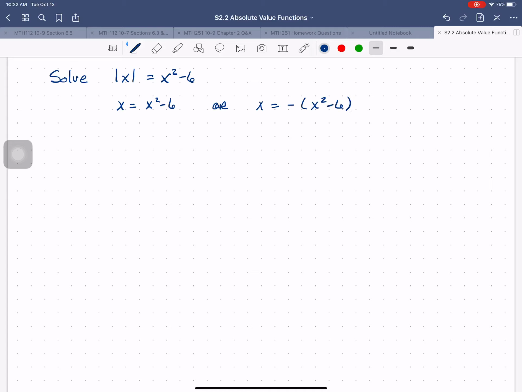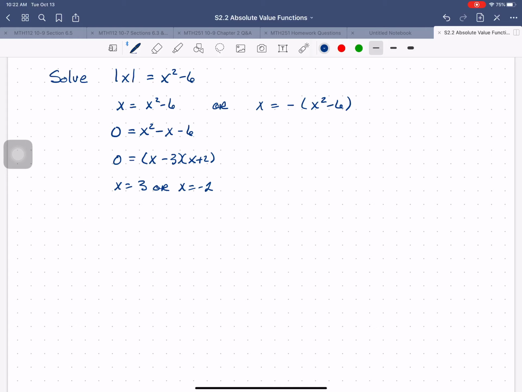Okay, let's work on the left-hand one first. Move the x over, so we got 0 equals x squared minus x minus 6. Factor that as x minus 3 times x plus 2. And we get x equals 3 or negative 2.